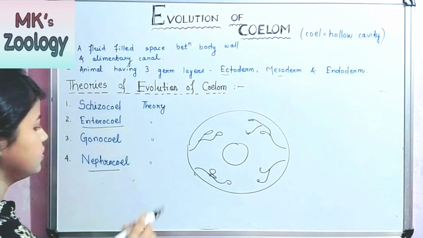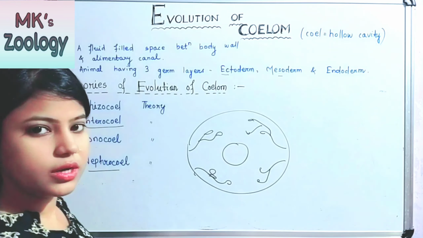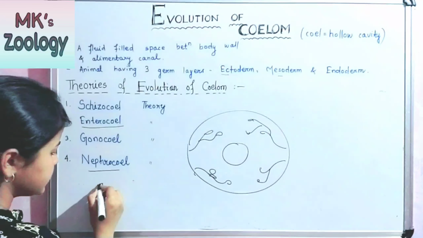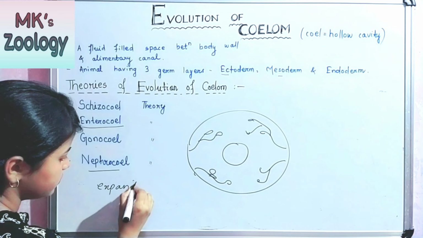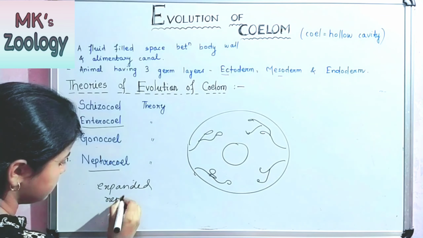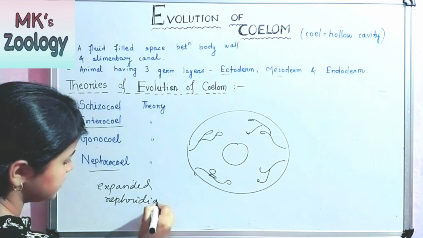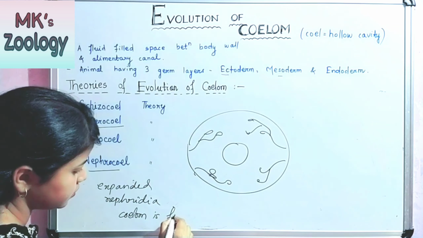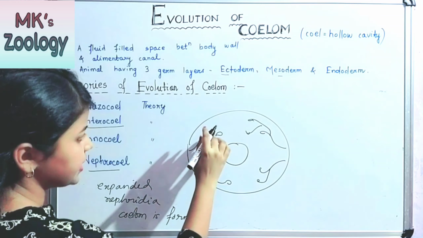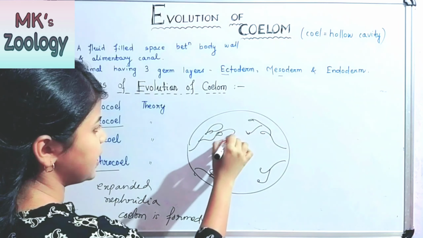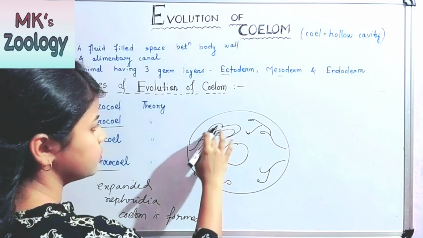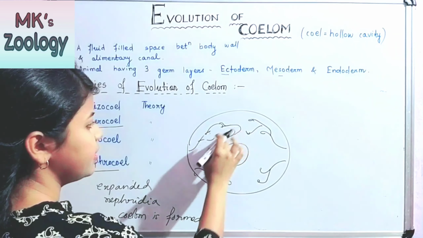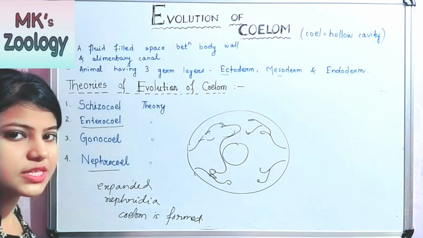Here Lankester told that coelom is formed from expanded nephridia. These were expanded and joined to form the coelom.